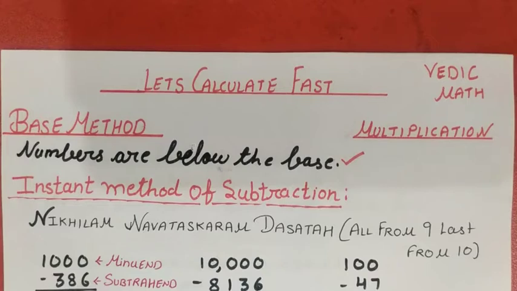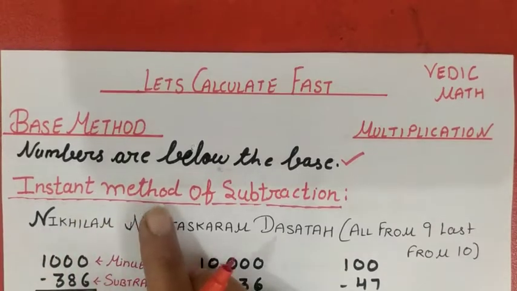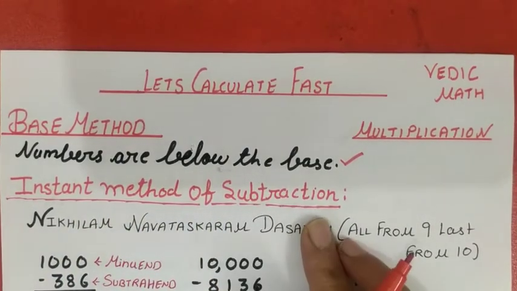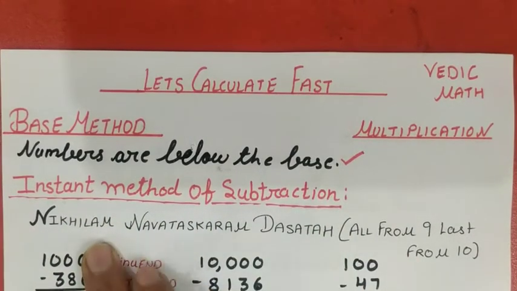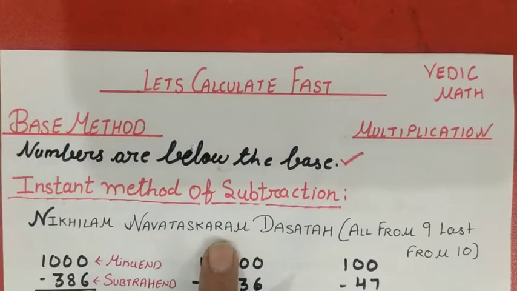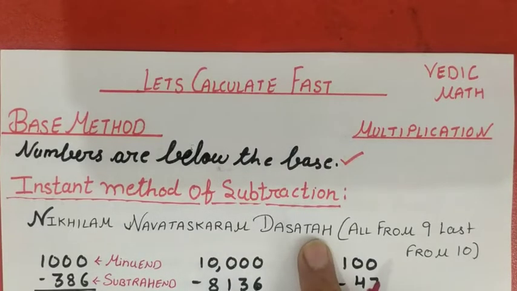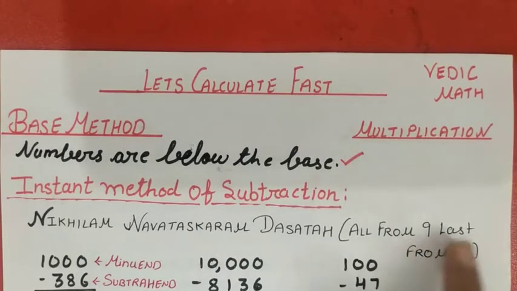And in this video I will tell you about an instant subtraction method, and we will also discuss two exceptions of the base method. Right, so let's start with the instant method of subtraction, and its Sanskrit sutra is Nikhilam Navatashcaramam Dashatah. In English it means all from 9, last from 10.